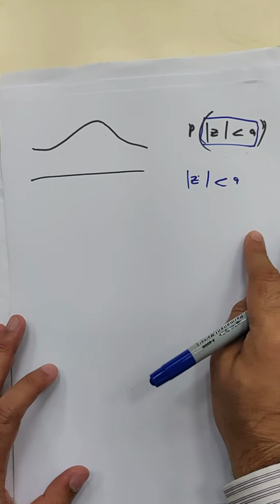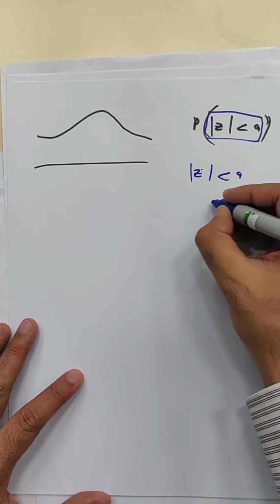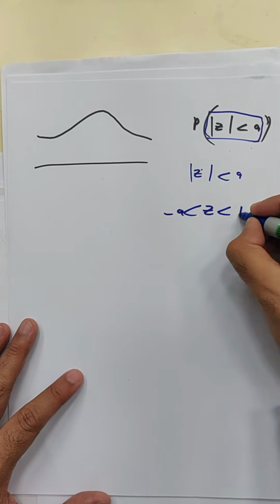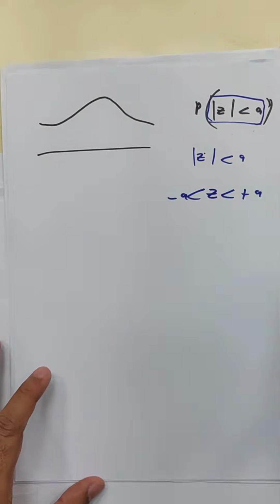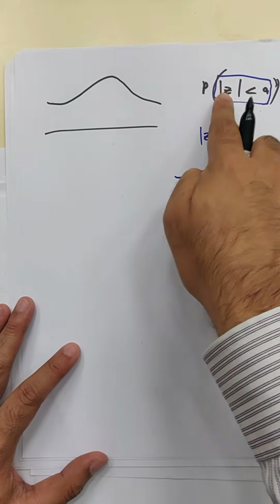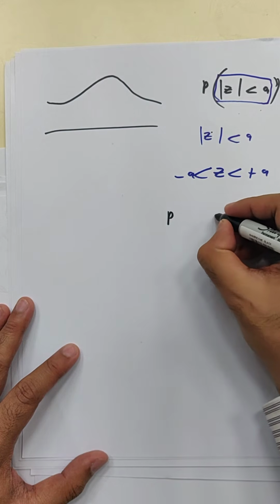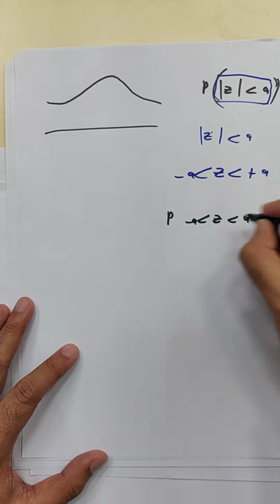How do you open the modulus here? Negative A, positive A. So instead of this one, I can rewrite it as P of Z between negative A and positive A.